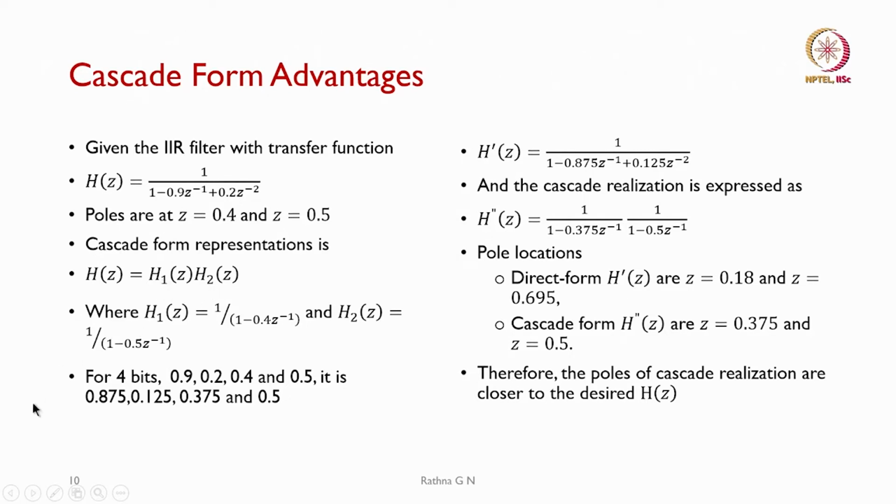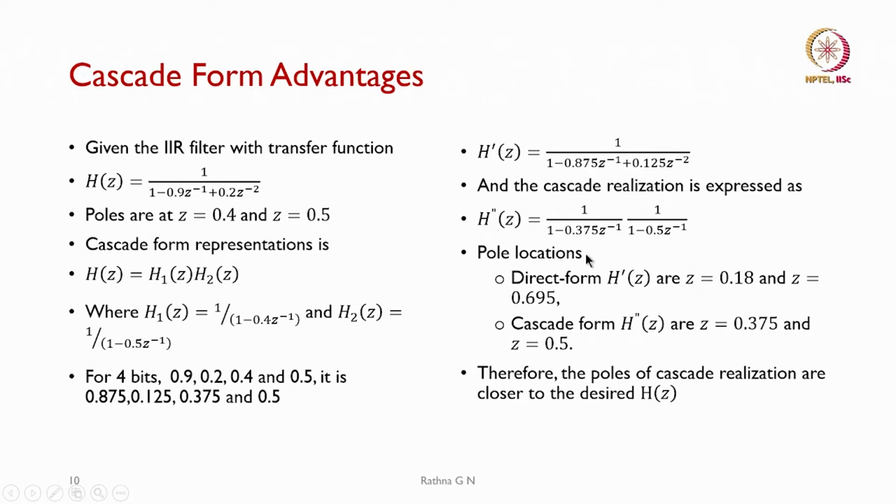So, 0.9 is represented as 0.875 and 0.2 is represented as 0.125. In the case of 0.4 we will represent it as 0.375, and 0.5 is represented directly as 0.5 in our fixed point format. So this is what we have done for the second cascade section.